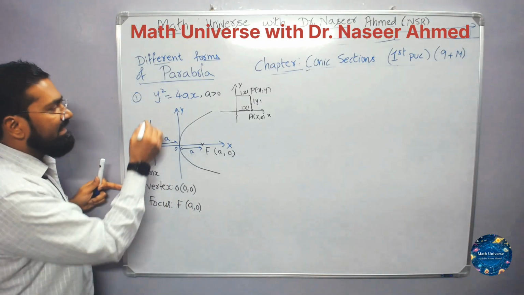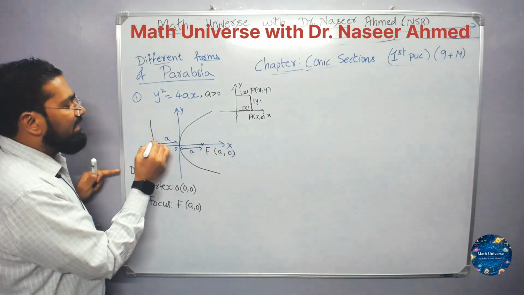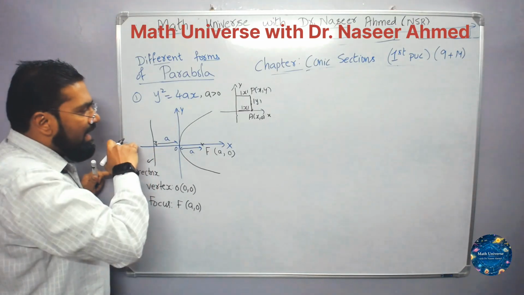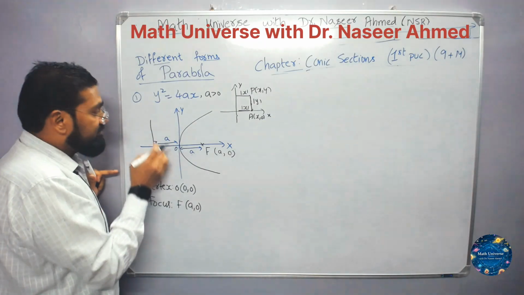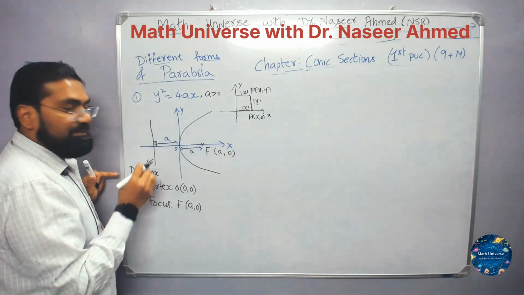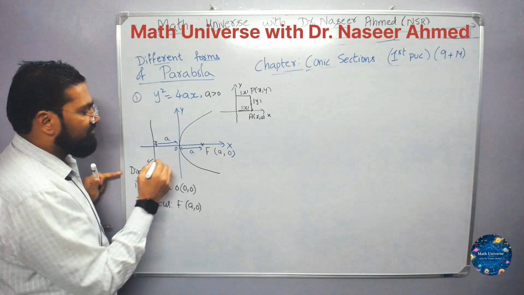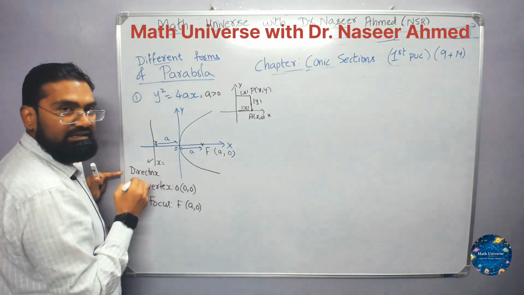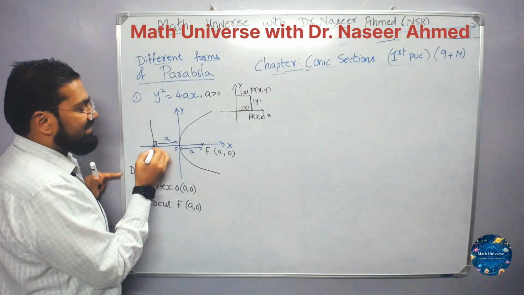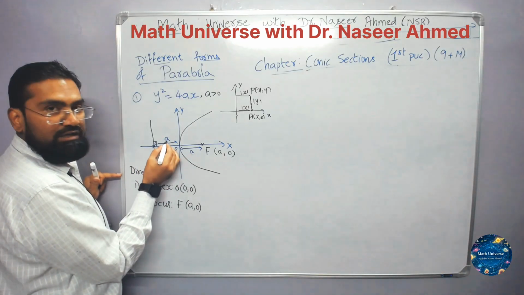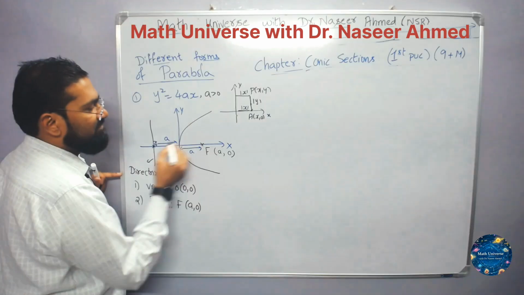Next is directrix. What is directrix? Any line perpendicular to the axis of parabola is a fixed line and the distance is a. Now see, this is a vertical line. Recall chapter straight line. For a vertical line, equation what? X is equal to constant. What is that constant? Since this point is lying on the x axis, always x, see x value here, a. In place of this x, we have a.